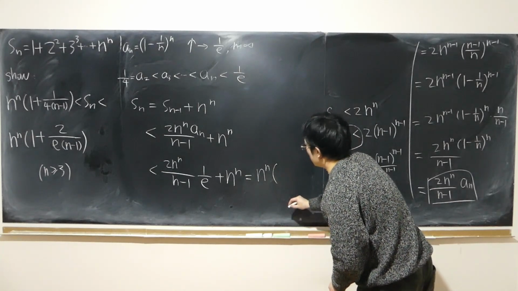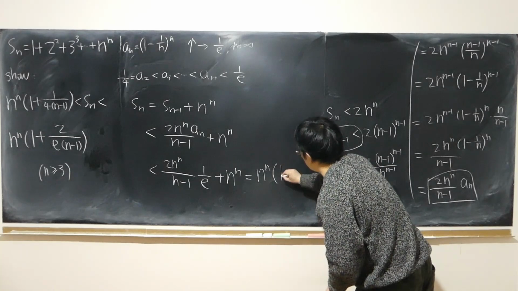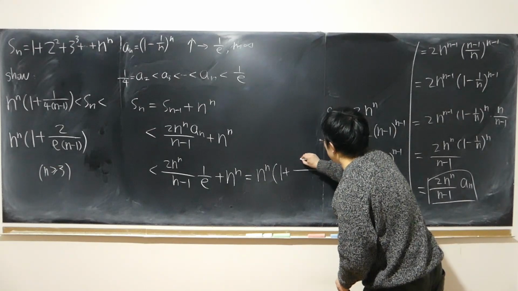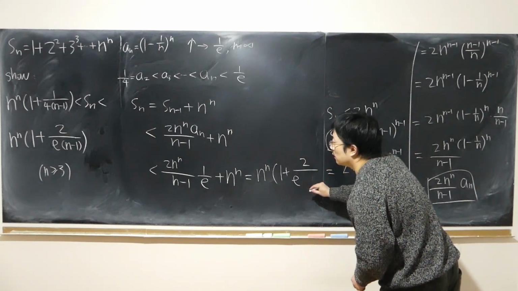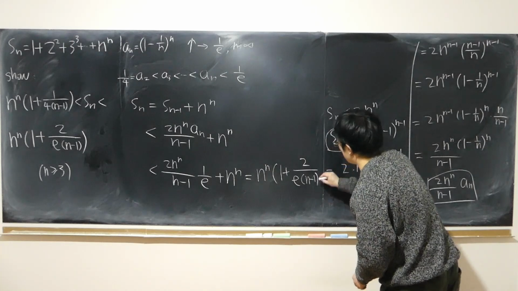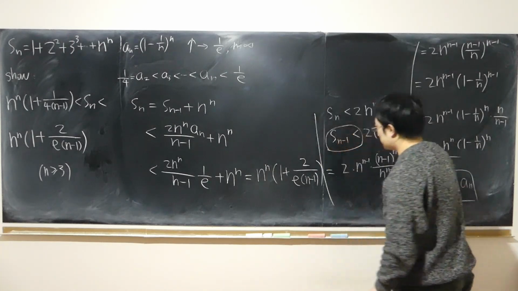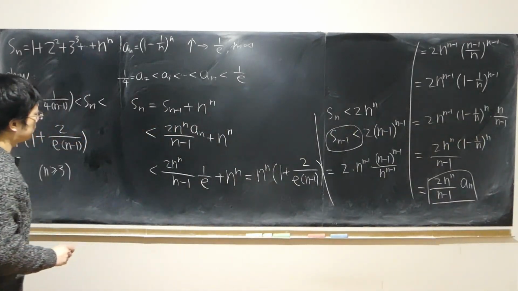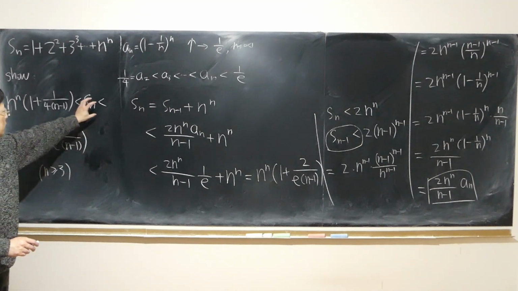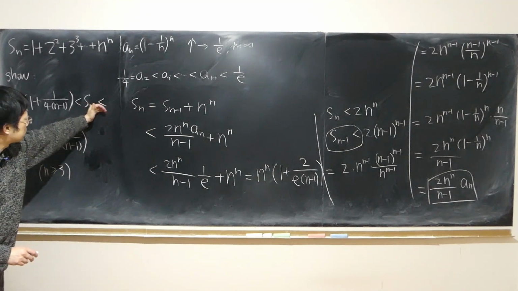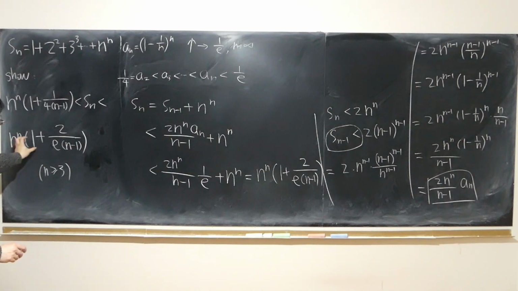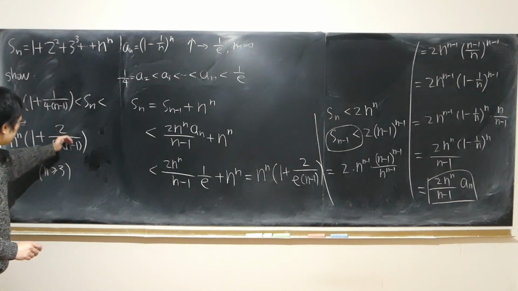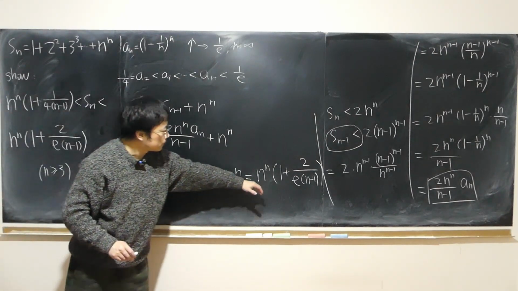I'm left with just 1 plus 2 over e times n minus 1. Looks right. So that's the right-hand side inequality: Sn less than n to the power of n times 1 plus 2 over e times n minus 1. Right? Same thing. Okay.